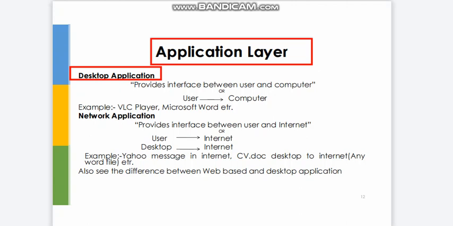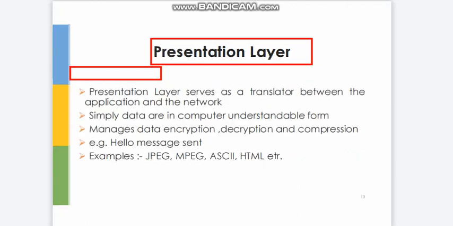For example, VLC player, Microsoft Word, etc. Network applications provide an interface between user and internet. For example, Yahoo message on the internet, a CV document going from desktop to internet, any Word file, etc. Also see the difference between web-based and desktop applications.